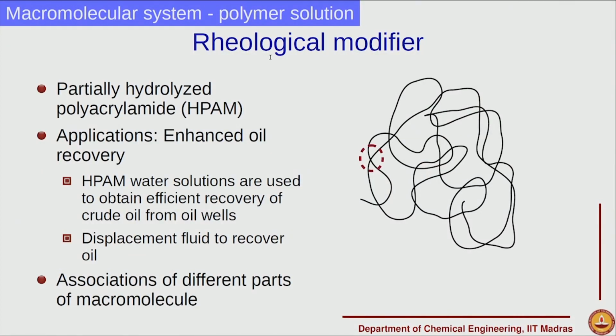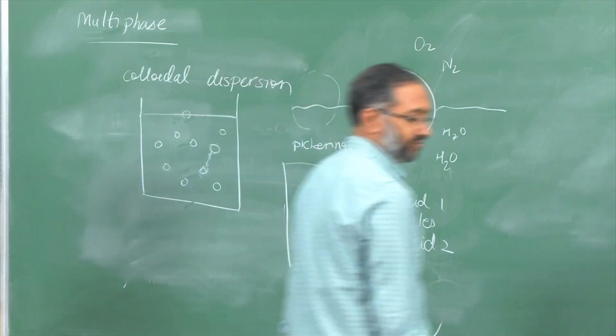By definition it modifies the rheological response of a solution or of a liquid, and this is an example of a macromolecular system, which is a polymer solution. The example that I have taken is partially hydrolyzed polyacrylamide.